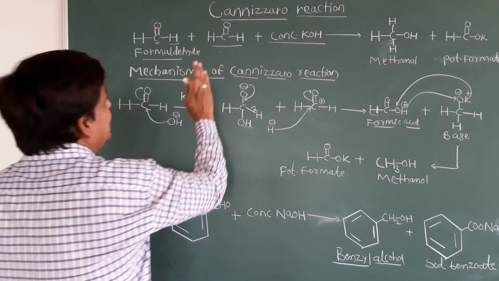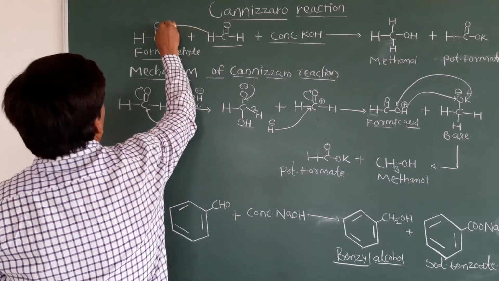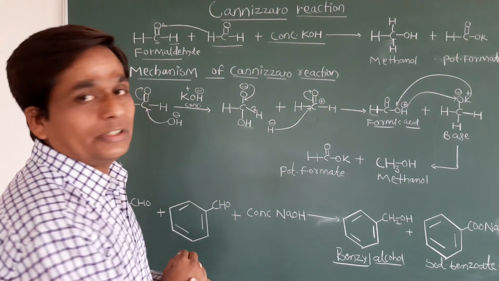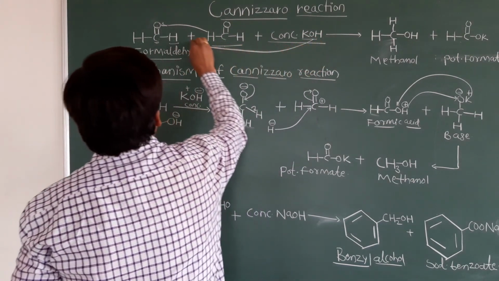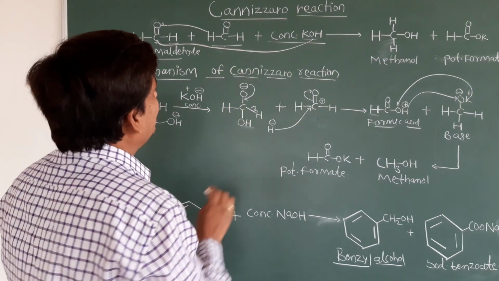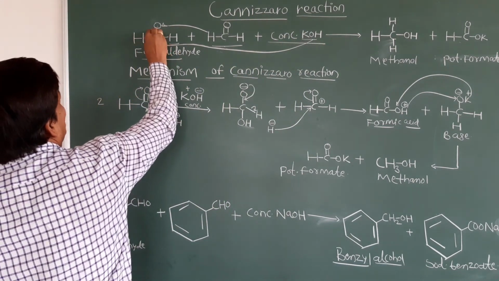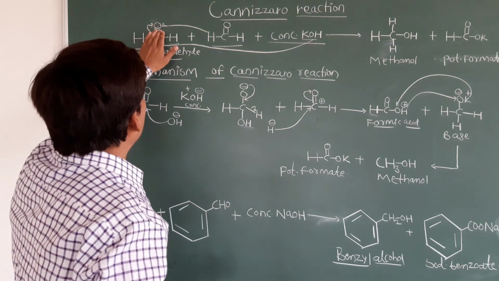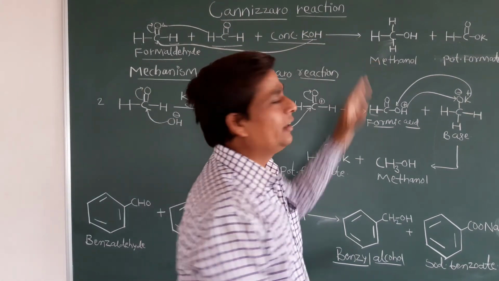From this second molecule of formaldehyde, one hydrogen atom is going to be attached to this oxygen. And one hydrogen from this KOH is going to be attached to this carbon. What happens when this hydrogen attaches to this carbon? This double bond will shift, and the minus charge comes, and one hydrogen attaches here, so obviously we will get methanol.